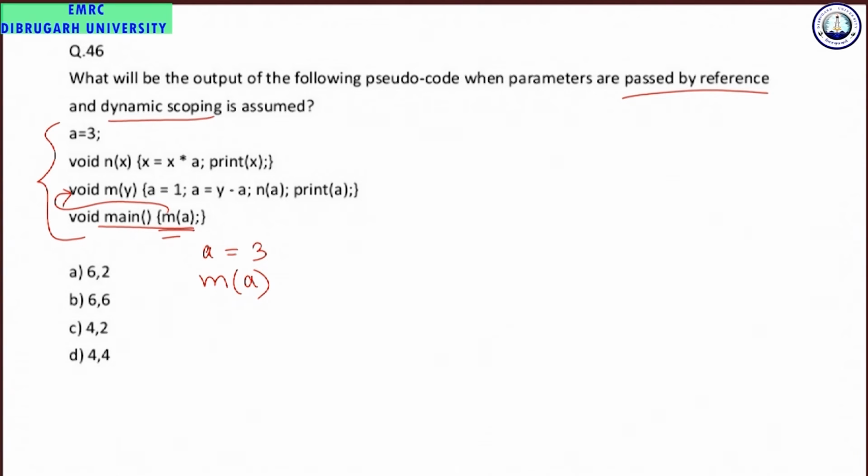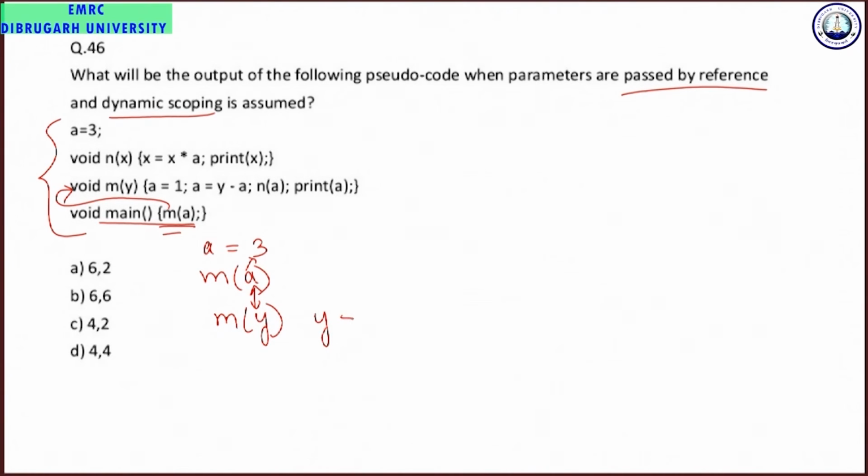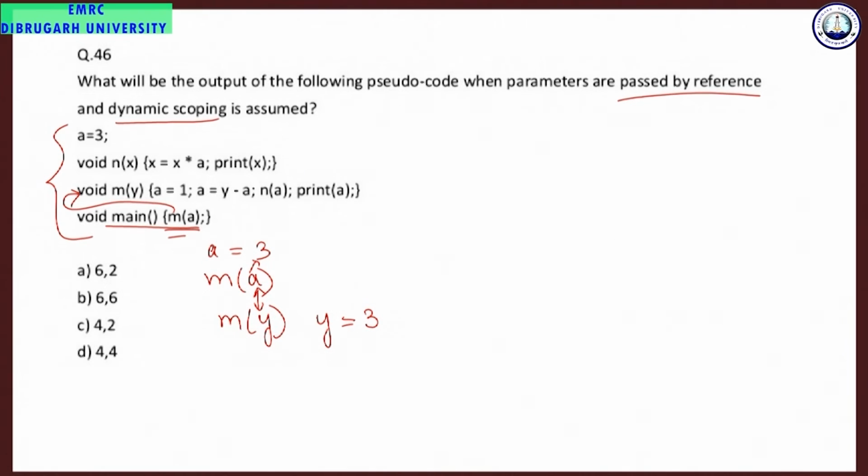Alright, so you have to go to this position and it is m of y. As the value of a is this one, now as these two are being compared, the function y is equal to 3. Now, within this function there is a declaration, a is equal to y minus a.